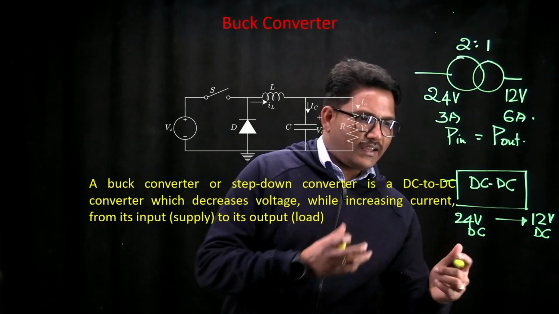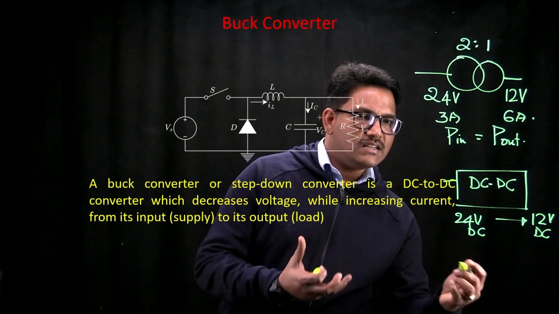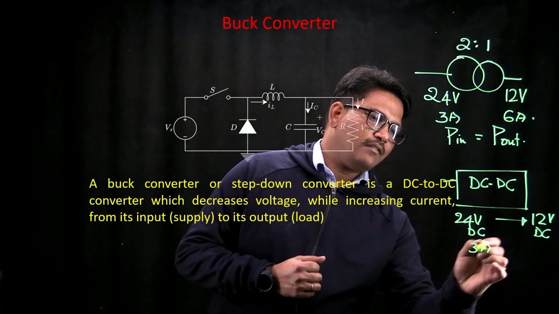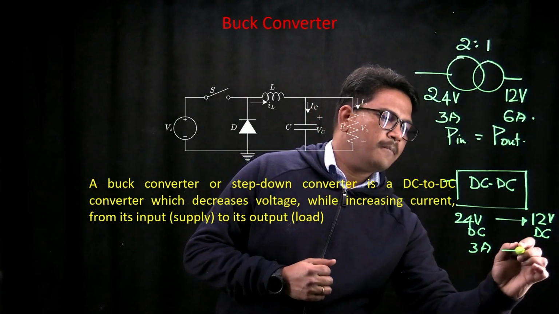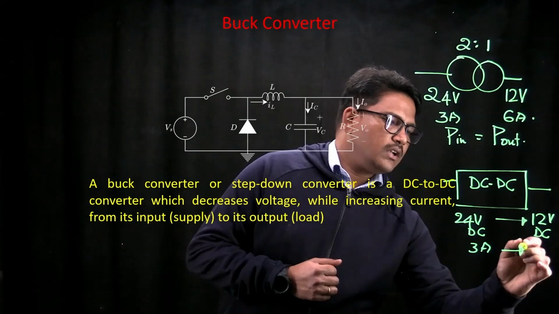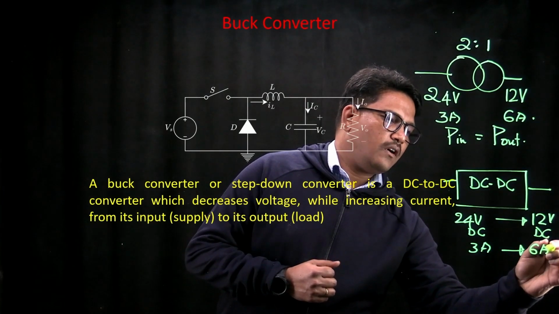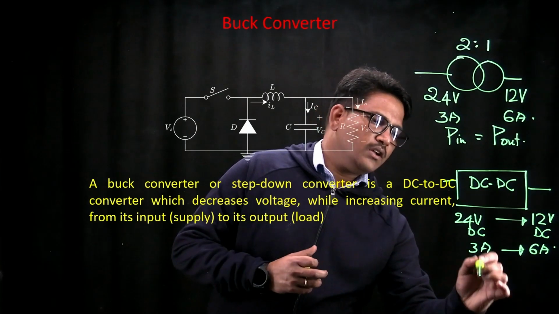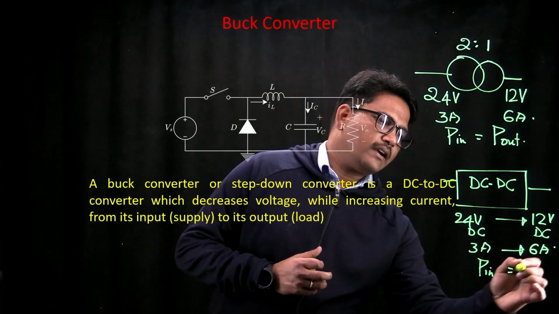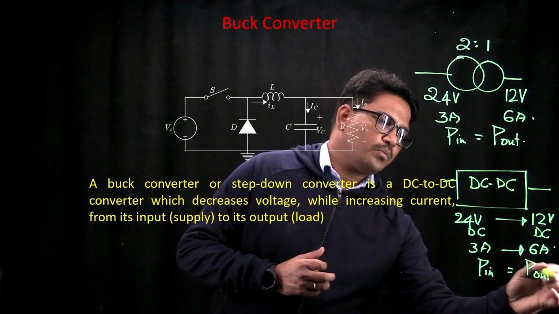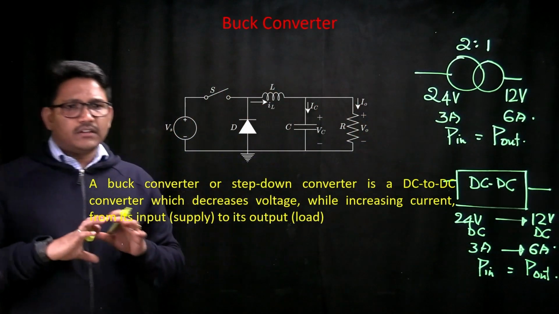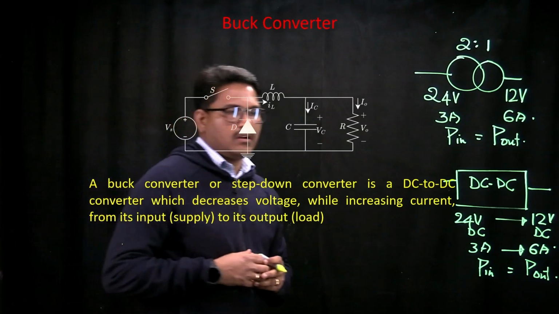In a similar case, if you look at how the currents are transferred, for example, if you have 3 amps of input current, in the case of a buck converter, you will have 6 amps of output current. But even in the case of a buck converter, you can say that your input power is exactly the same as your output power, excluding the losses.